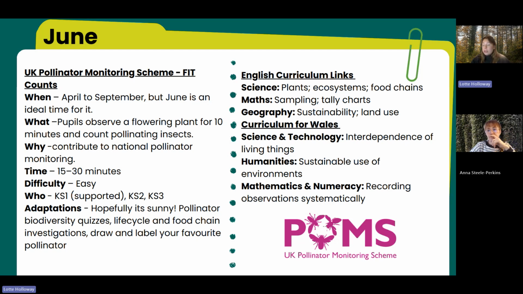So doing pollinator biodiversity quizzes, bringing in conversations about life cycles and food links between pollinators and food chains is really important. Often kids don't make the connection that pollinators are needed to produce our food, so those conversations can be really valuable as well.